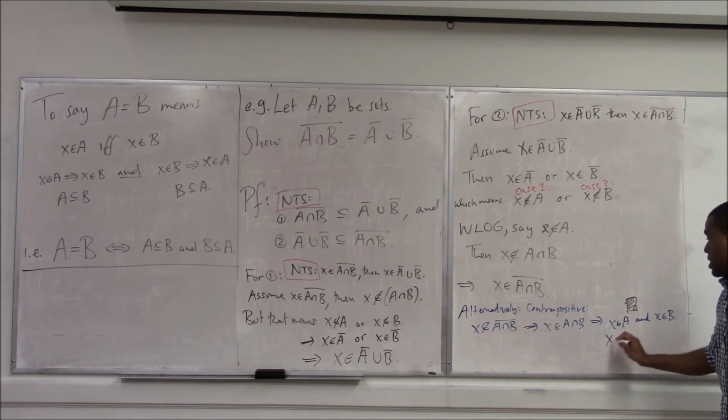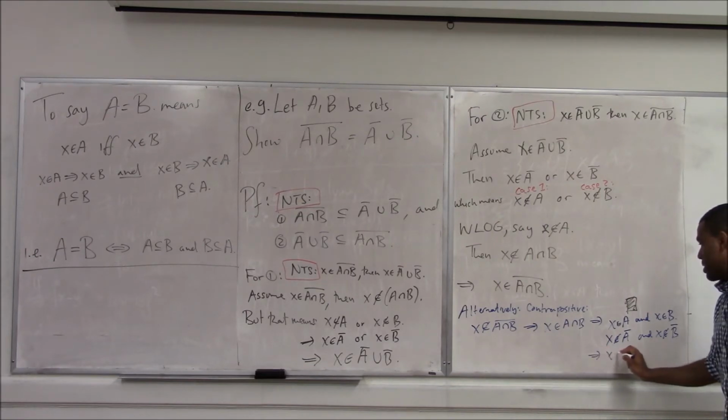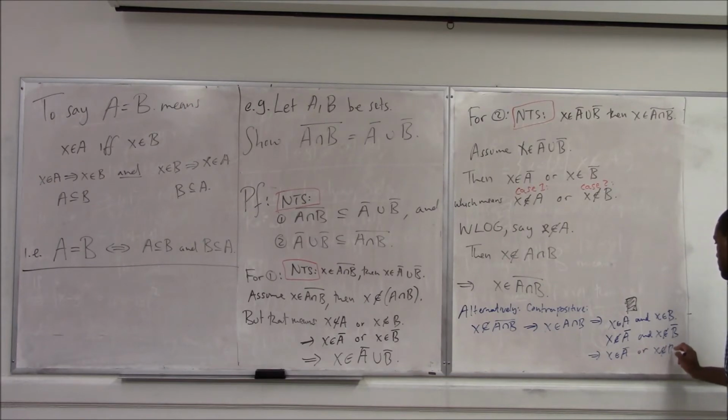Right. It's definitely not in A complement, and it's definitely not in B complement. So it can't be in either one. So this means x is not in this or that either. And then that gives you, it's not in the union.